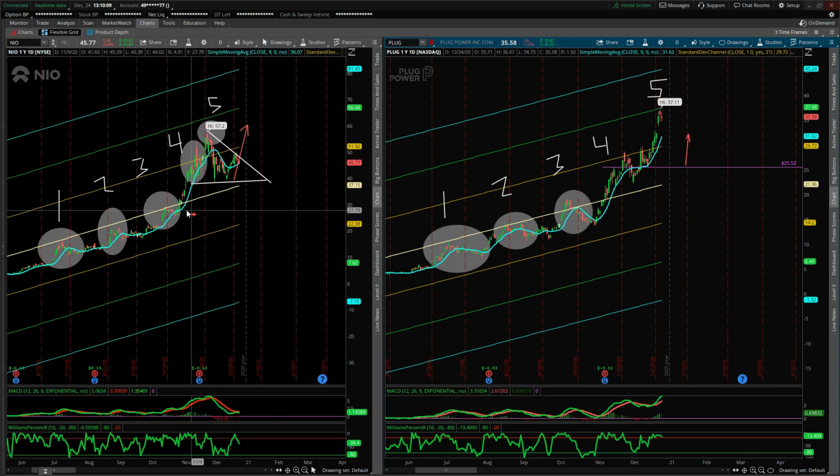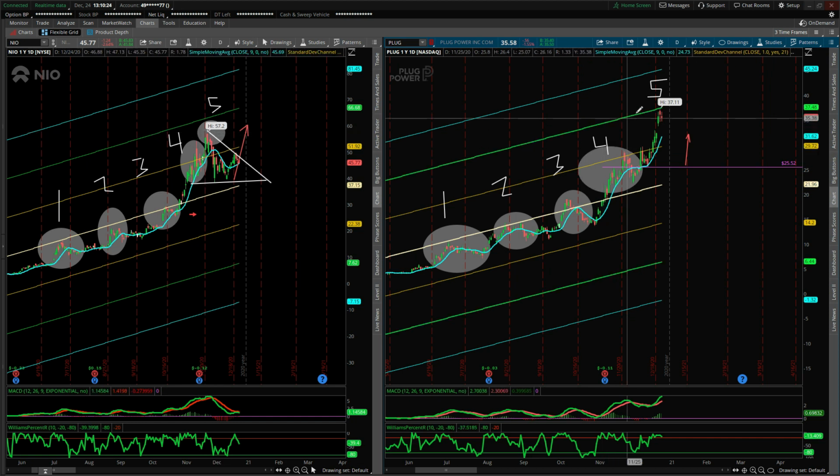And then it's literally the same. And then there's 4. And then of course, after step 4, you see a larger gap up to complete step 5. So here we go. There's our big gap up to complete step 5.